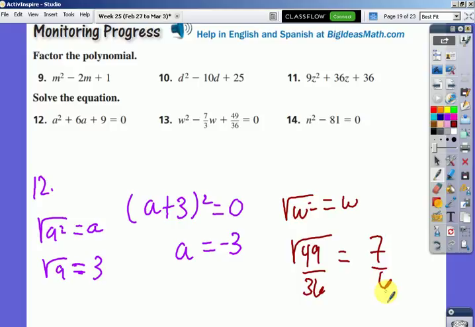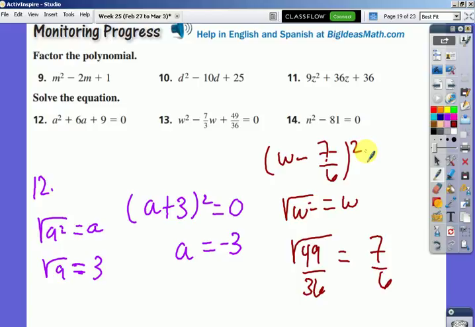And it will, yeah. So now I just have w minus 7/6 squared, I have a double root, w equals 7/6.